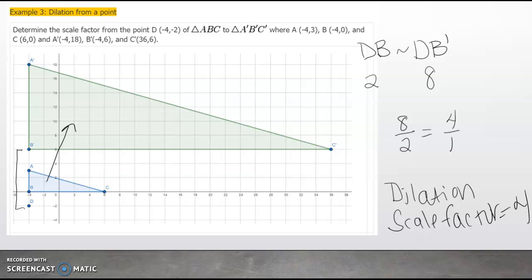So just to recap, because I'm dilating from point D, and since D, B, and B prime are on the same line, I find that the easiest way to find a distance. From D to B, I go up 2. From D to B prime, I go up 8. So again, you take your larger number, divide it by your smaller number of those distances to find your scale factor.